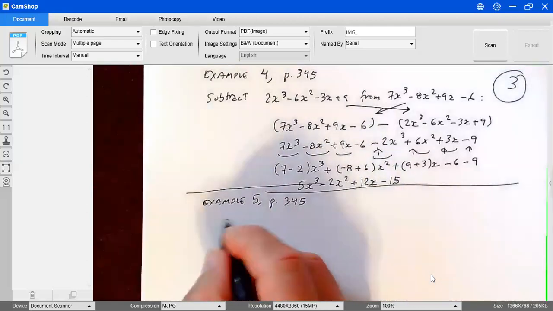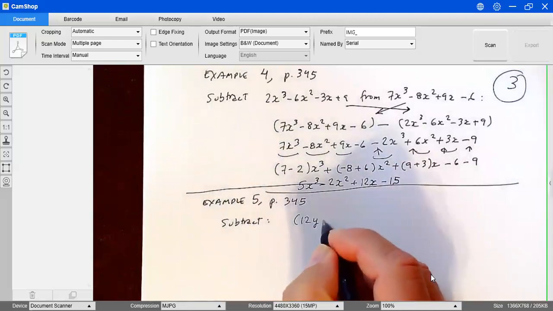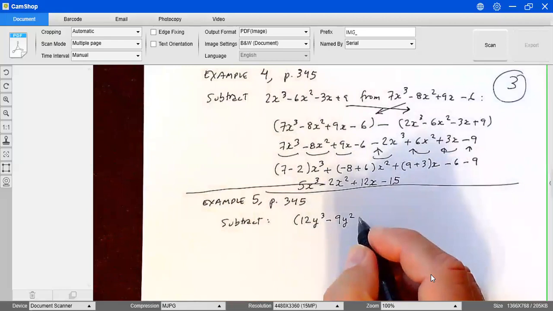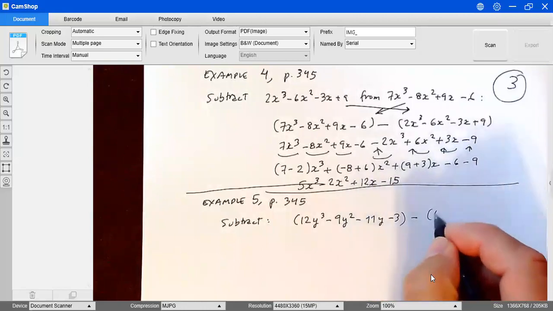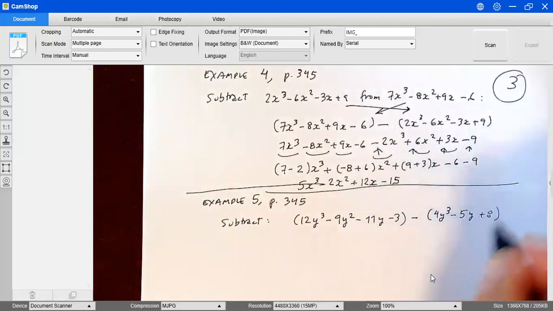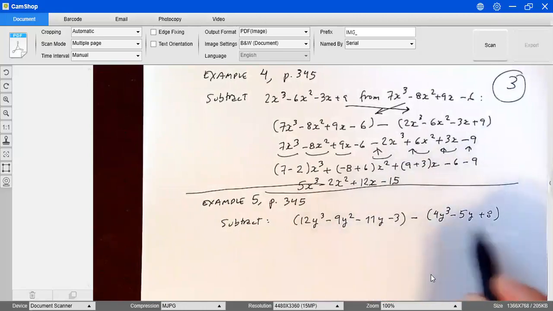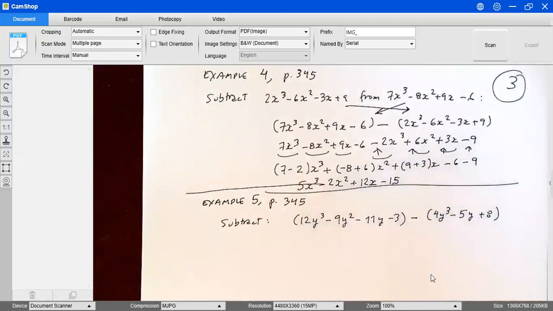So we're gonna subtract, and the problem is 12y cubed minus 9y squared minus 11y minus 3 minus 4y cubed minus 4y plus 8. So we have a 4-term polynomial here. We have a 3-term polynomial here. Both polynomials are of degree 3 because the highest exponent is 3.